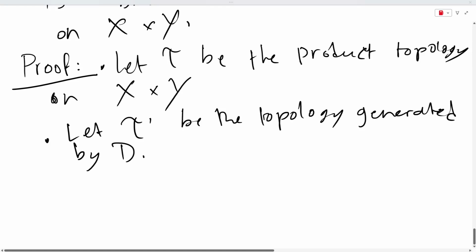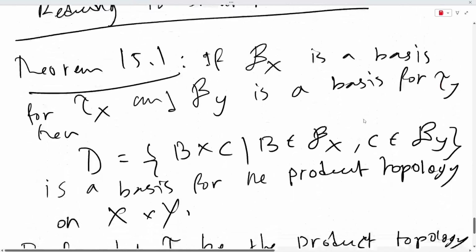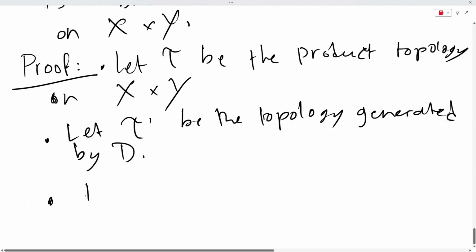So first we know for sure that D is contained in B.